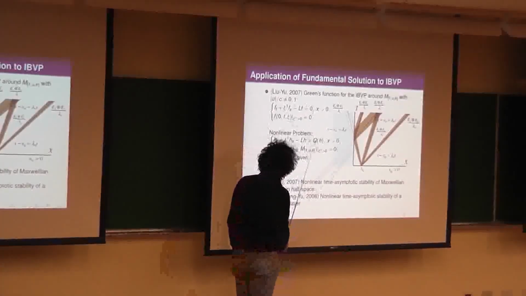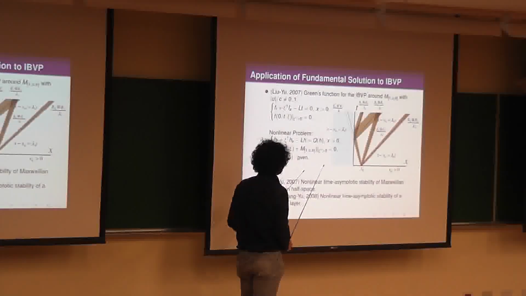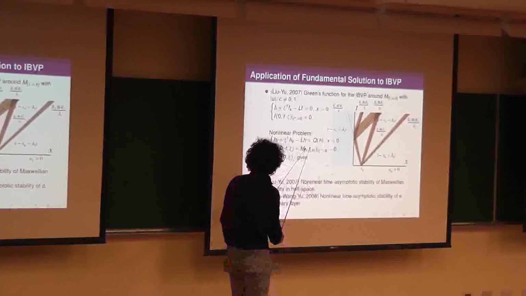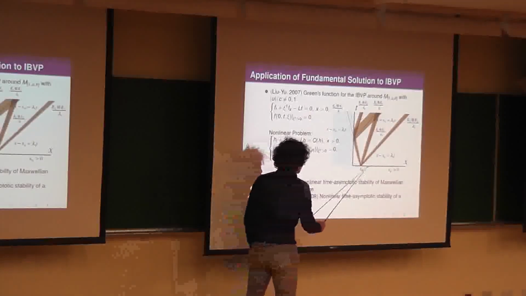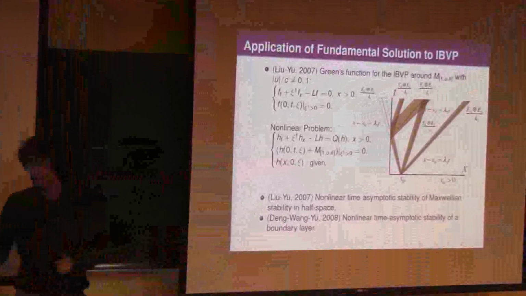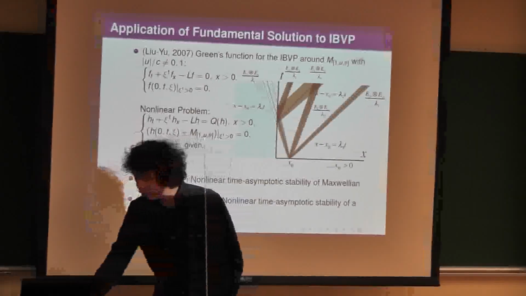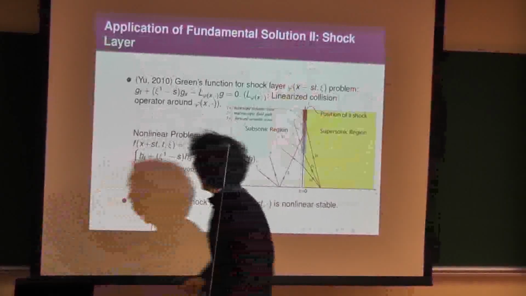And then the same tool can be pushed a little bit to replace a Maxwellian state with the boundary layer, and also show the stability of the boundary layer. So this is for the hard field with the angular cutoff.